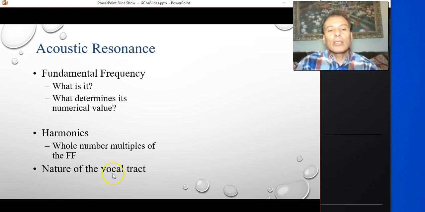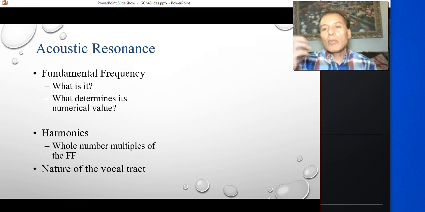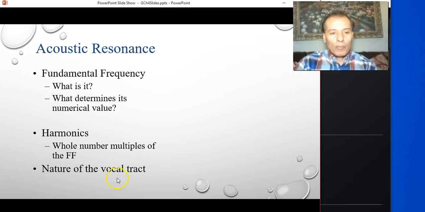The vocal tract is known as a quarter wave resonator, a system that amplifies the tone that comes by serving as a filter, by taking out elements that can oppose the sound wave and enhancing and amplifying signals that are good, that will make the sound louder.